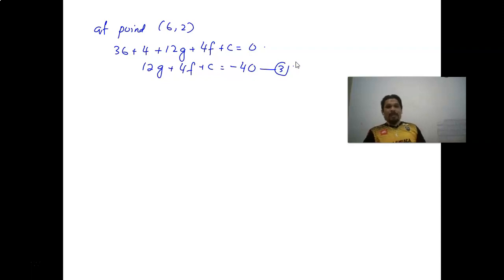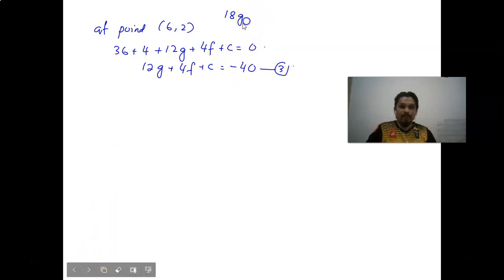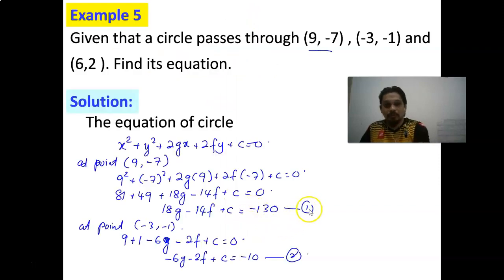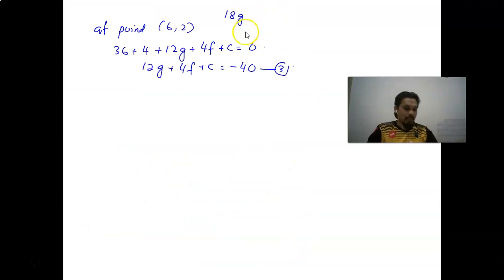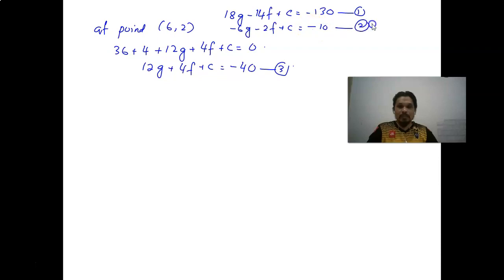Equation 3. Okay, I'll bring up, recall, equation 1 and equation 2 on this page here. 18g minus 14f plus c equals negative 130, equation 1, and also negative 6g minus 2f plus c equals negative 10, equation 2.